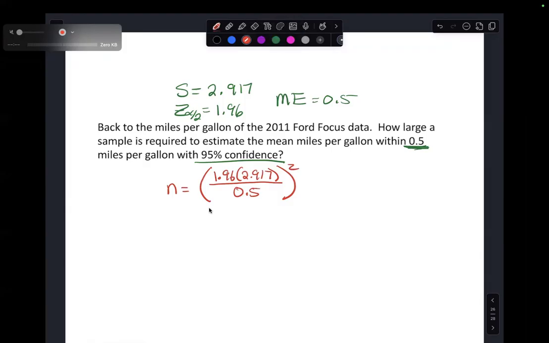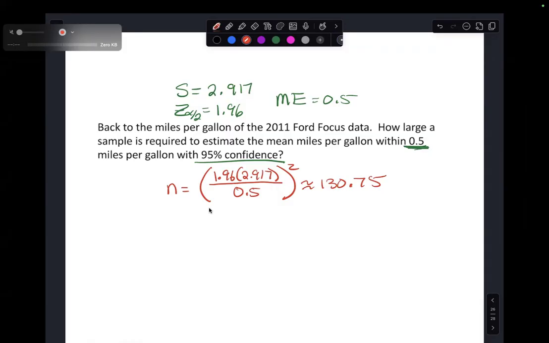Put that in our calculator. I got 130.75. We agree? Okay.